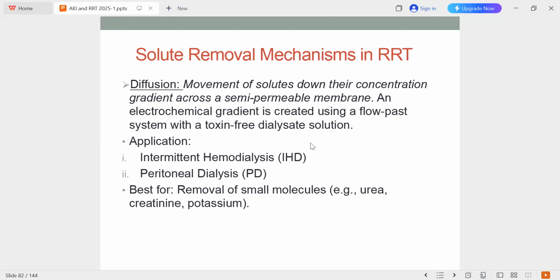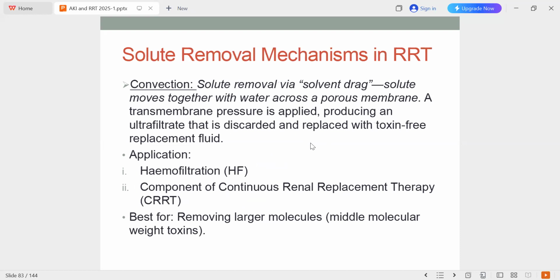Remember from chemistry, diffusion is the movement of solutes down their concentration gradient across a permeable membrane, from regions of high solute concentration to regions of low solute concentration. An electrochemical gradient is created using the flow path system with a toxin-free dialysate solution. So diffusion is applied in intermittent hemodialysis and peritoneal dialysis. This is best suited for removal of small molecules like urea, creatinine, and potassium.